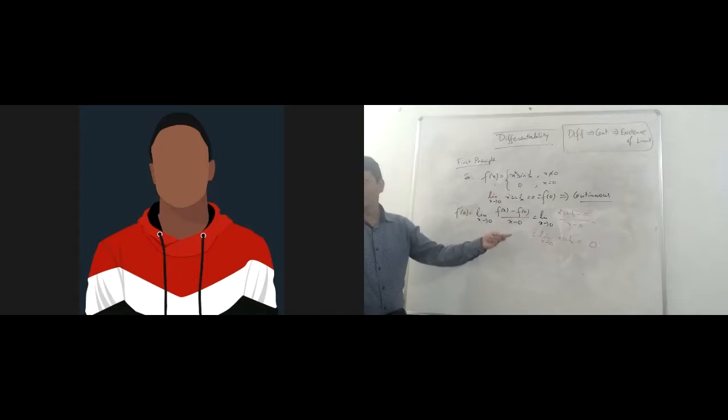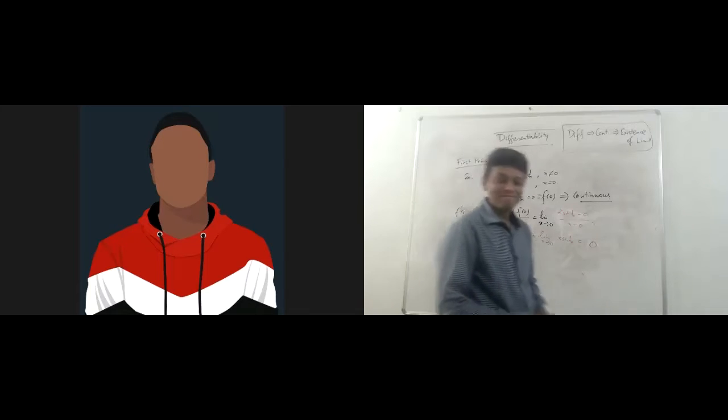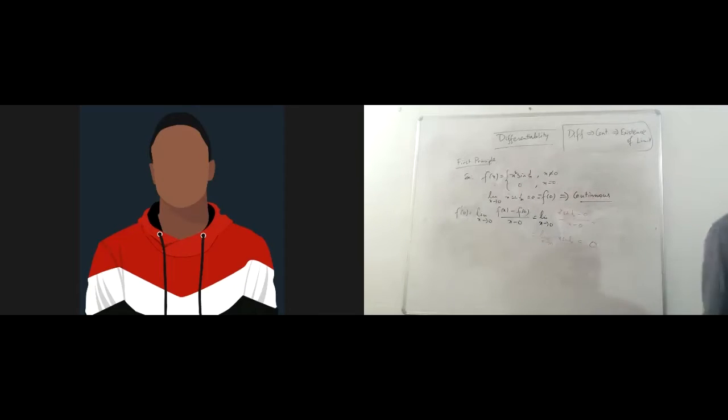But x times sin 1 by x was not differentiable. So this is differentiable and continuous. That means you can take the derivative.